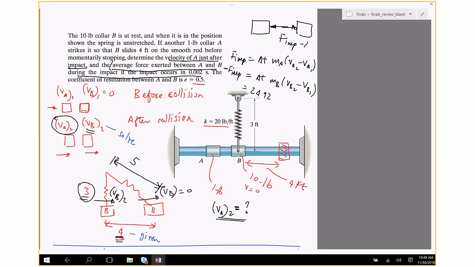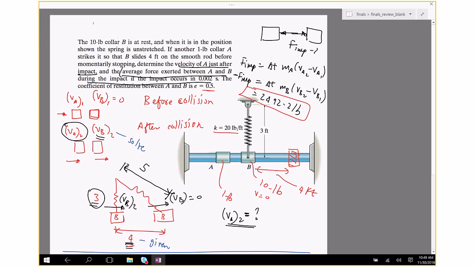Actually, that's in the formula sheet. Let me show it to you. It's in the formula sheet this way. If you look at LMB, it says that F dt equals F dt. Yeah, my bad.